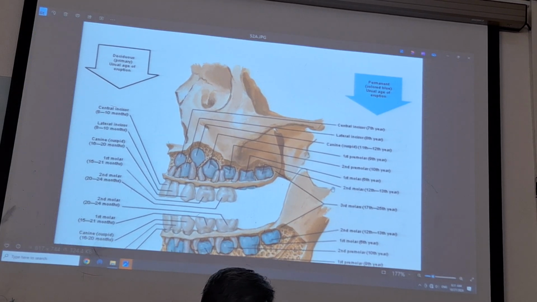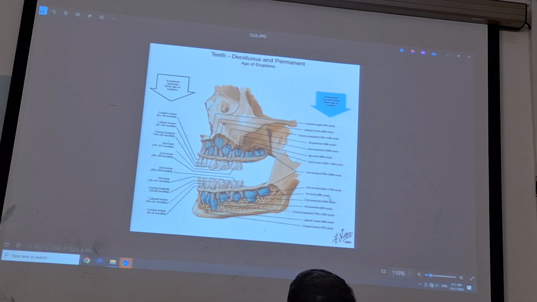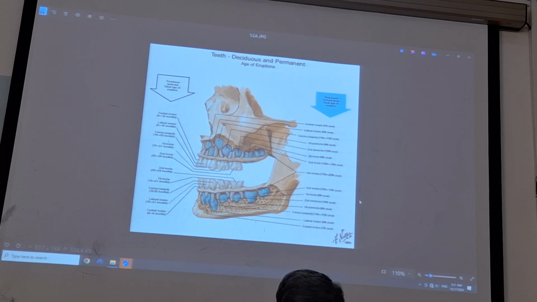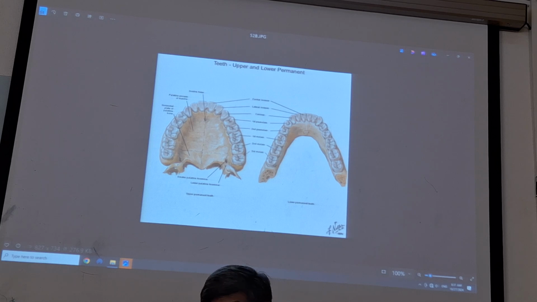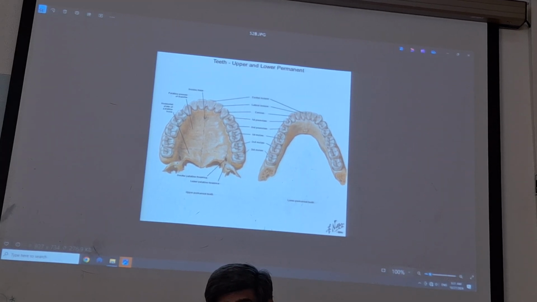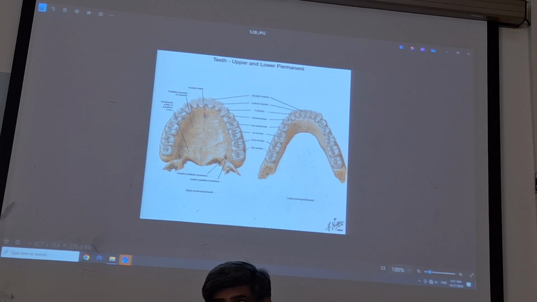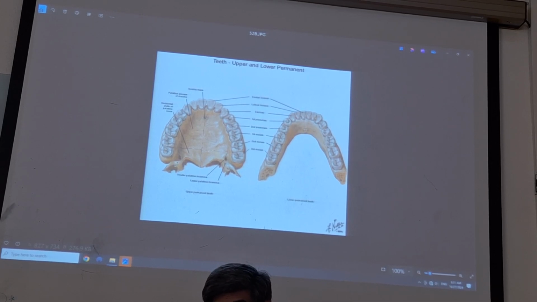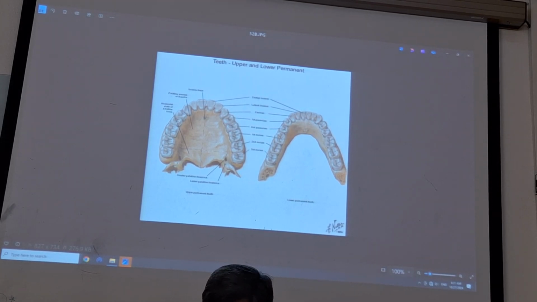Very important point. Do we have to memorize the numbers for the other ones as well? Did you understand this part? He's asking if we have to remember all of the years that all the teeth erupt, for the exams.